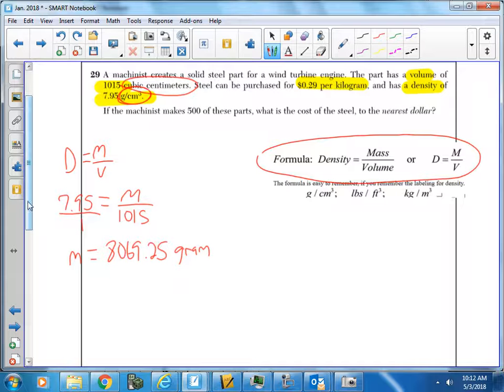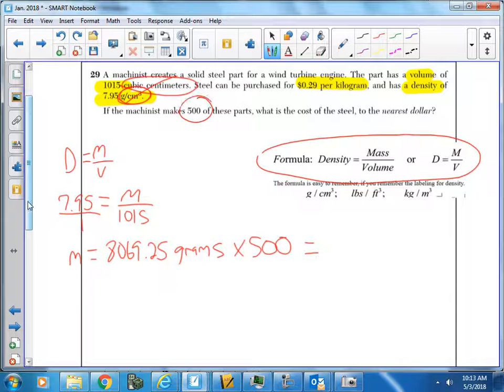So the cubic centimeters cancel out, and you're left with grams. So the number we get here is grams. That is the mass of each part. Now, we need 500 parts, so we multiply that by 500.